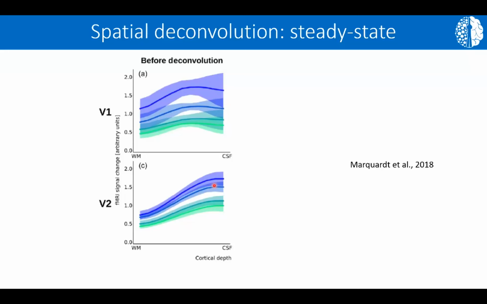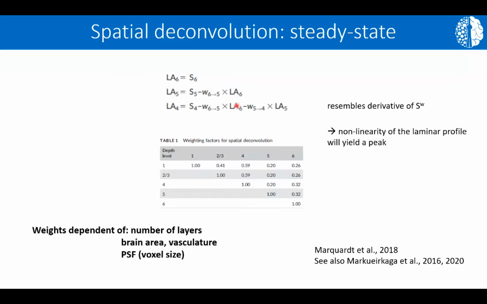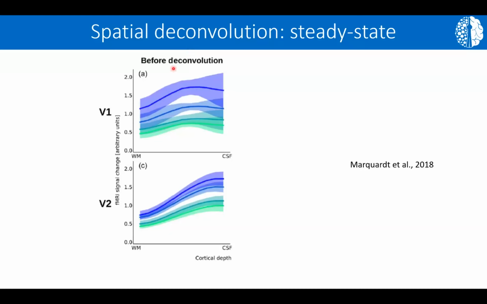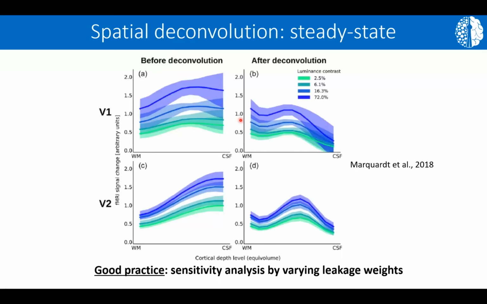Now, if we apply this sequential subtraction approach, which we call deconvolution, but strictly speaking, it's not deconvolution, but let's call it deconvolution at this moment. If you do this deconvolution, again look at the bottom, what you're getting is actually this nice peak in the more or less middle layers. So this is very promising because we used a very, very simple stimulus.